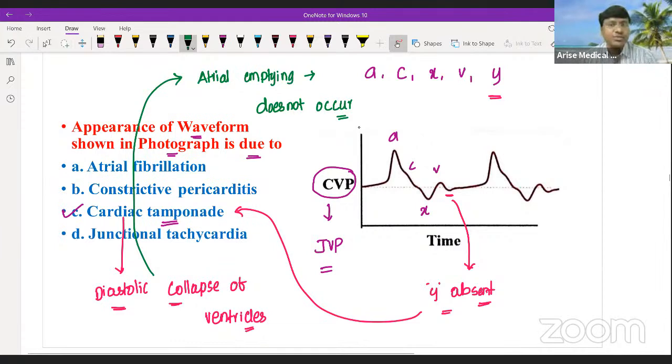So when atrial emptying is not there, there will be no Y wave.